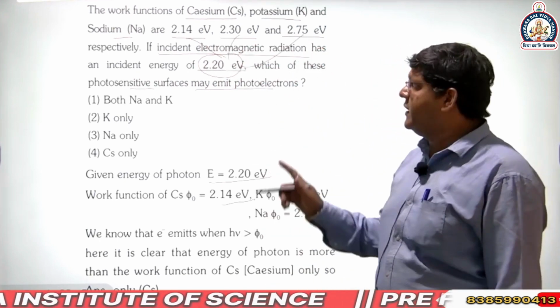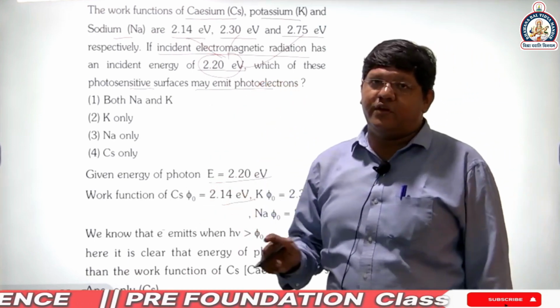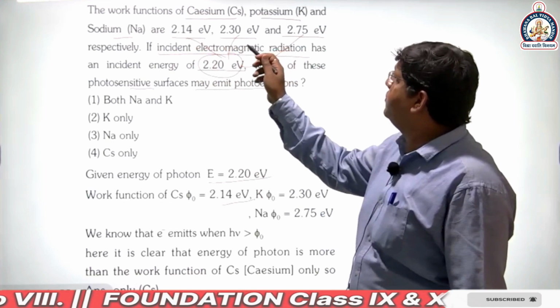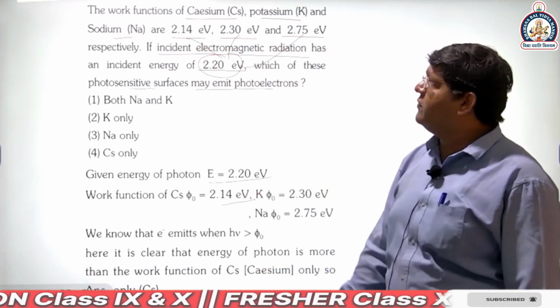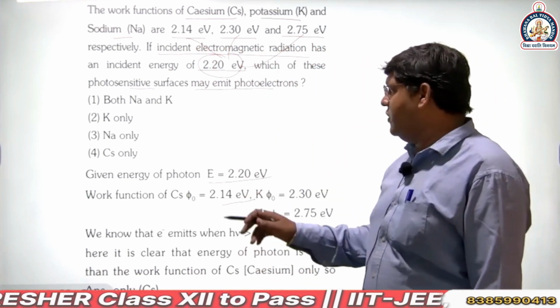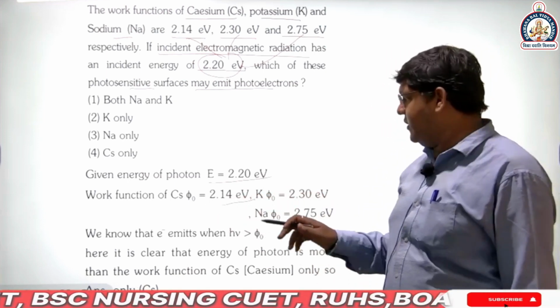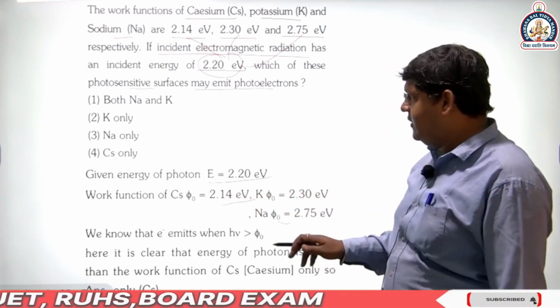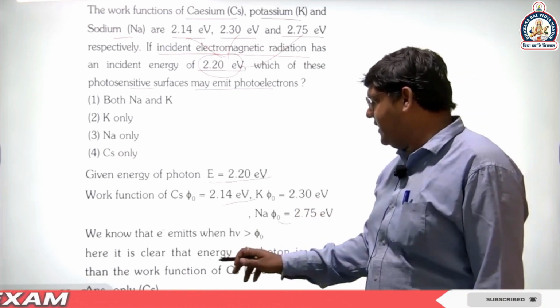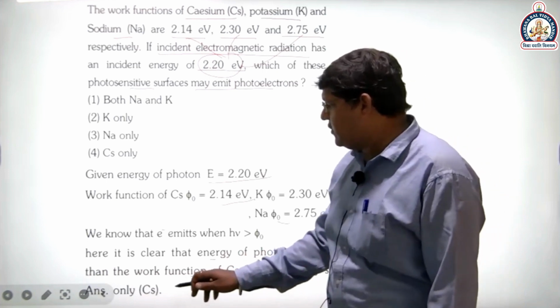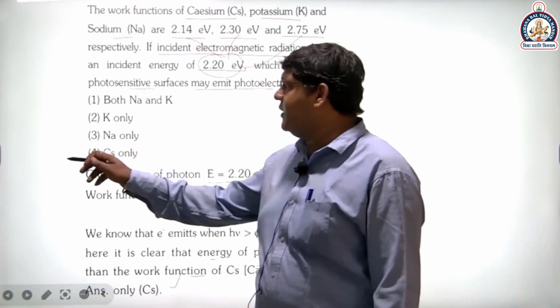We can see that the energy of the photon is only greater than the work function of cesium. It is less than that of potassium. It is less than that of sodium. So it is clear that the energy of the photon is more than the work function of cesium. Only the electrons of cesium will be emitted. That is option number 4.